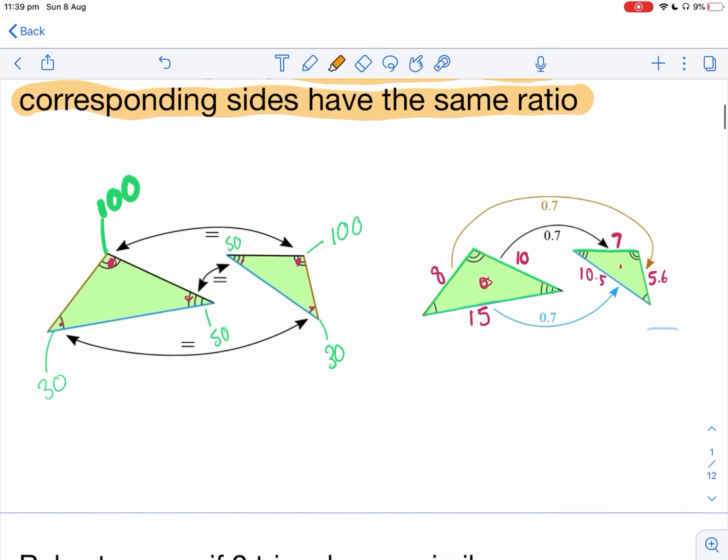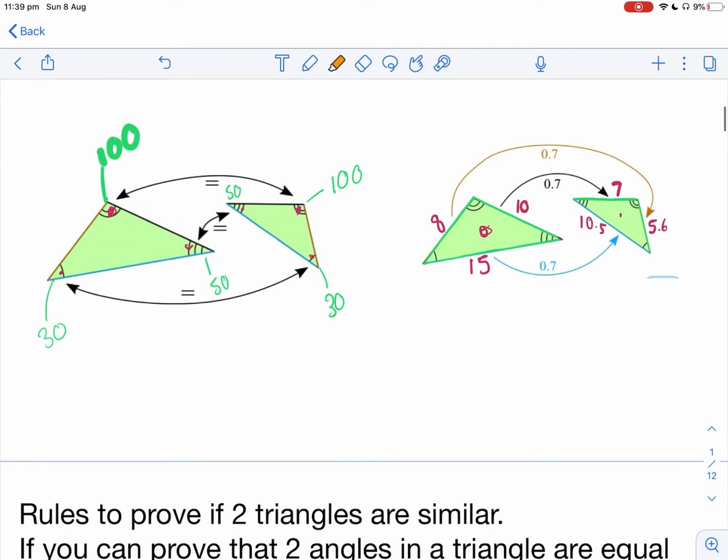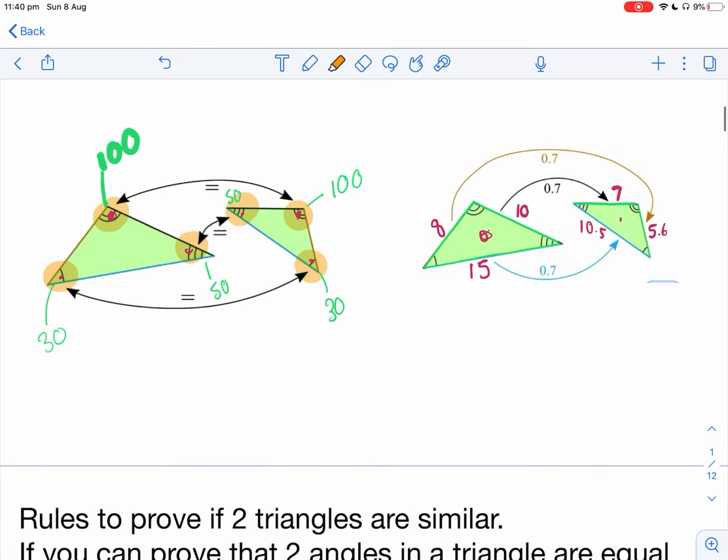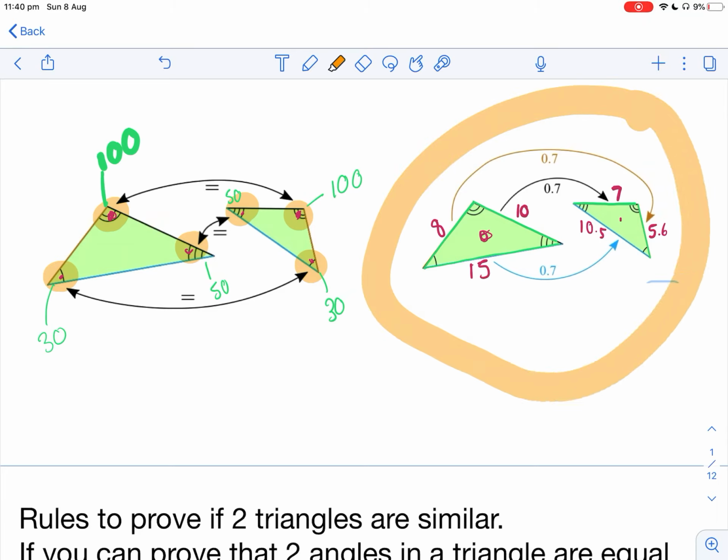So you can see in this diagram that this angle corresponds with this one, this angle corresponds with this one, this angle corresponds with this angle. And then you can also see that with this diagram over here as well. Every side length is to a ratio of 0.7.